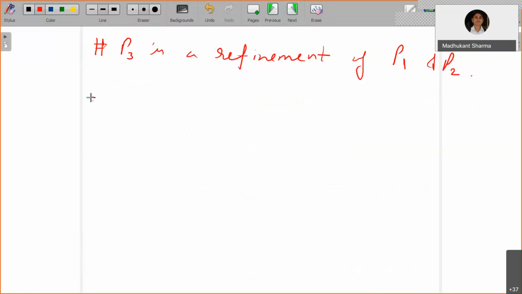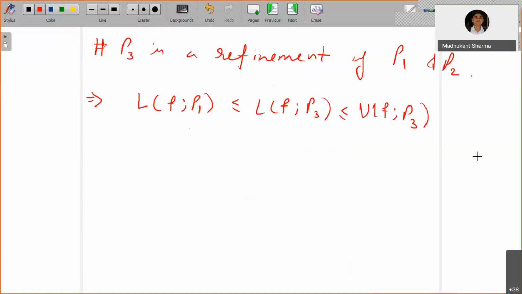So this implies L of f,P1 is less than or equal to, because of the monotonicity of the lower sum, L of f,P3, which is less than or equal to U of f,P3. For any partition this result holds true, and that is going to be less than or equal to U of f,P2.